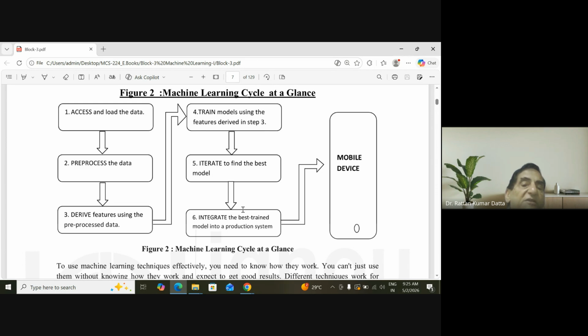Iterate to find the best model, integrate the best trained model into a production system, and then you get the result here. So this is the machine learning cycle at a glance. You start with the data, pre-process it, derive features, train models, iterate, integrate, and then go for this.